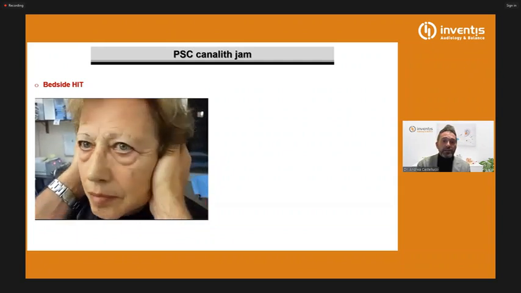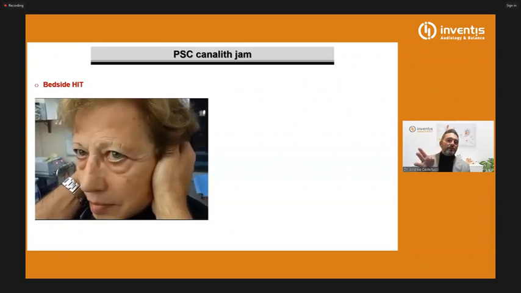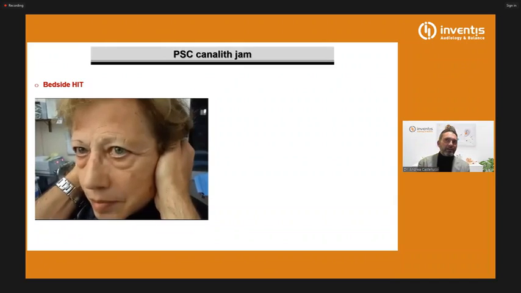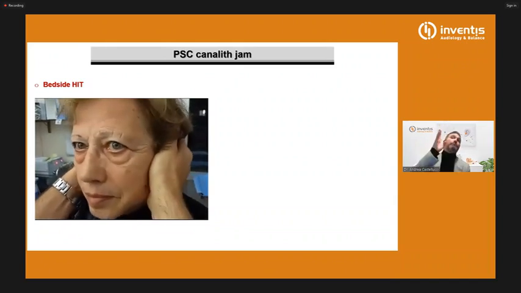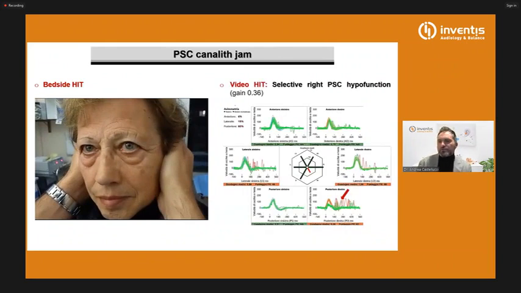Nothing happens on the left side, but look, there's a huge downward saccade on the RALP head impulse test when we perform the head impulse test for the right posterior canal. And in fact, there was a selective lesion of the right posterior canal even in this case.